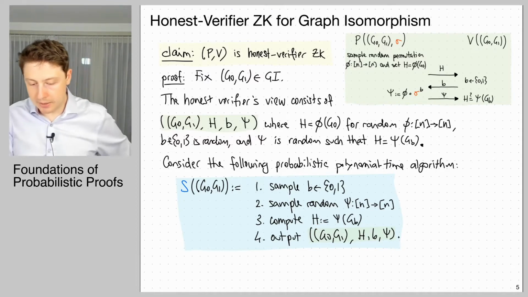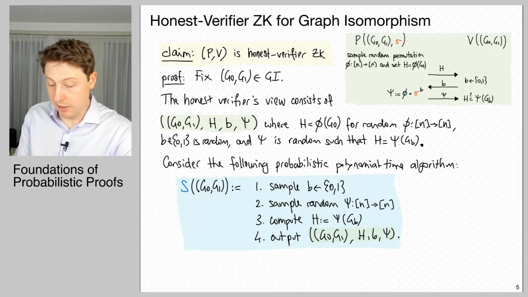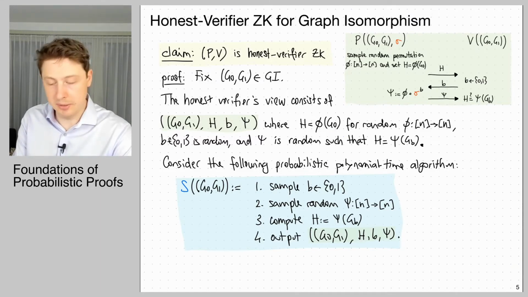Syntactically, this is correct. It is a quadruple, where this is G0 and G1, this is some graph, some bit, and some permutation. So far, so good. But what we're interested in is whether this is distributed correctly. Well, let's see. H is supposed to be some random graph isomorphic to G0 or G1.